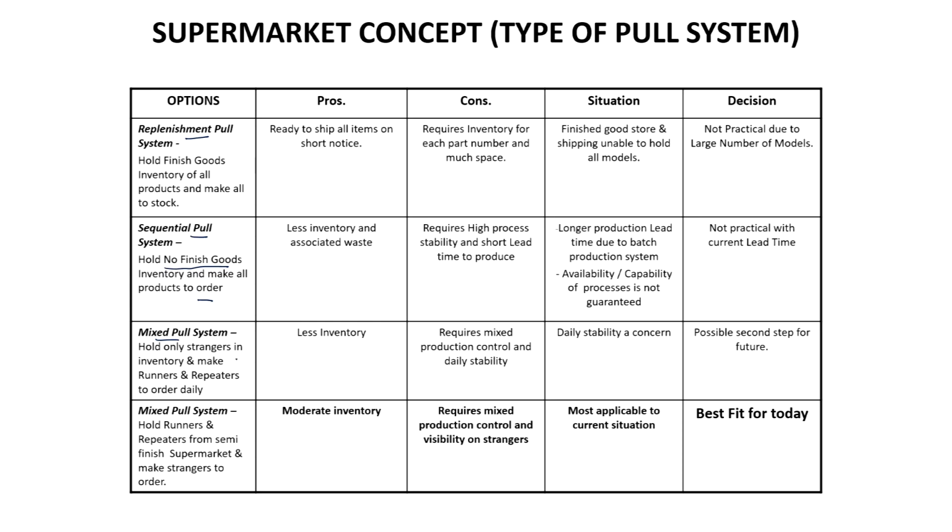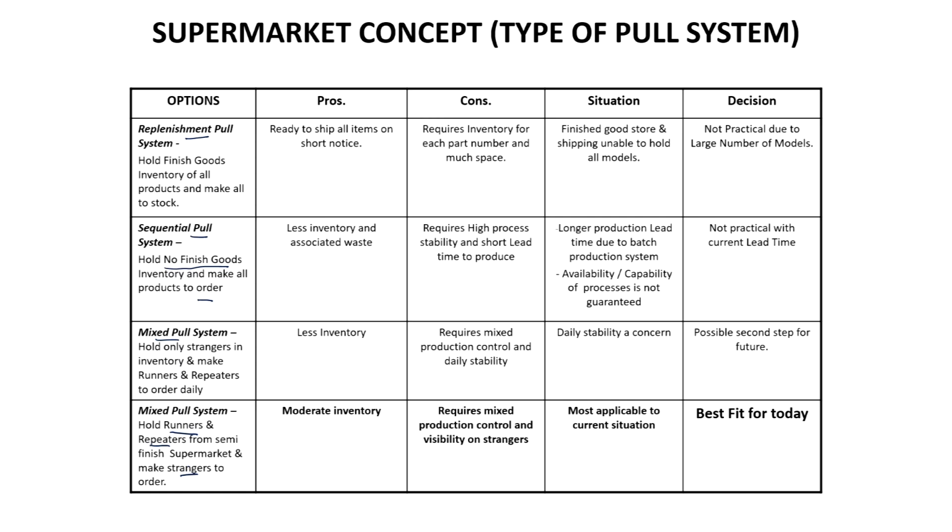Hold only strangers. In every system there are certain items which are regularly required and certain items which are occasionally required. We can divide them into runners, which are fast moving items, repeaters, which have a medium range, and strangers, which are occasionally required.